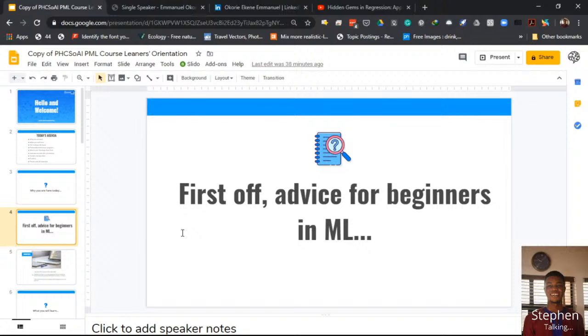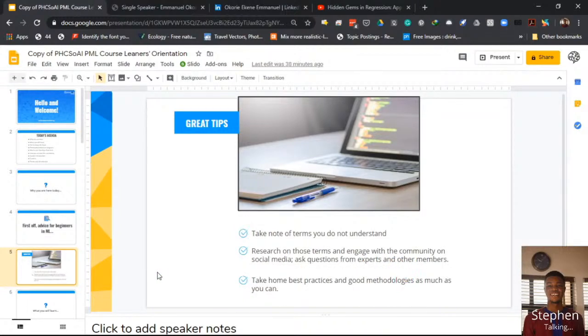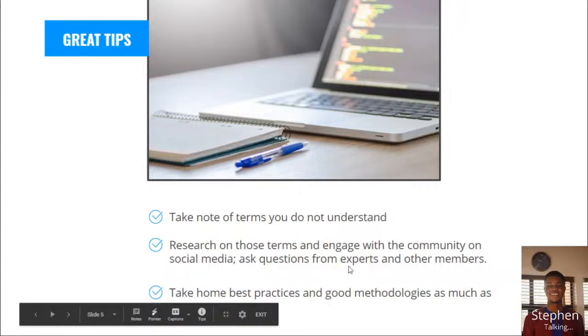So first off, we have this usual advice for machine learning beginners in ML. If you're taking this session, we have some great tips for you. So this is generally more for everybody, or beginners should probably consider doing it more. If you're new to the space, just getting started, I would advise that you take notes of the terms you don't understand, and research on those terms, and engage with the community on social media.